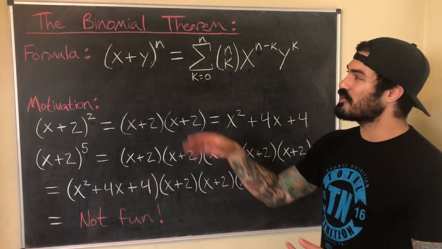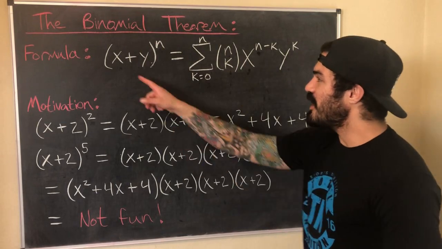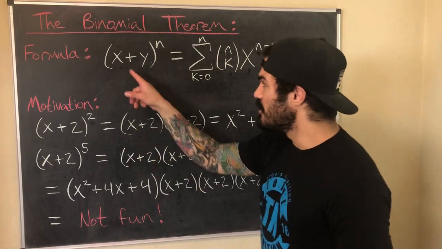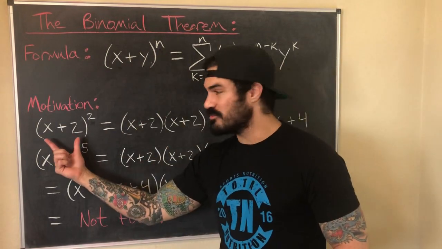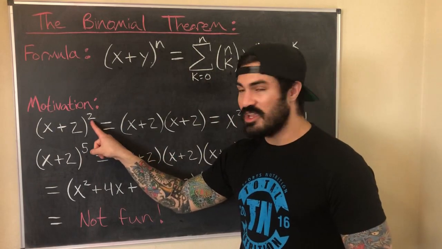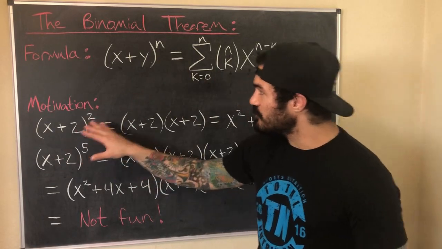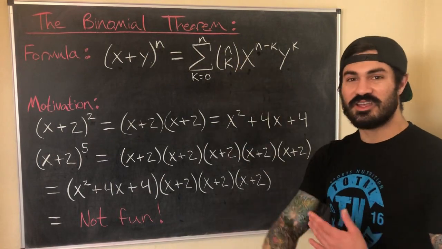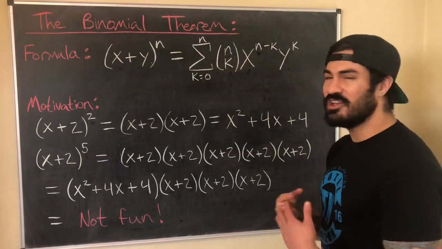So now let's quickly talk about the formula a little bit. x, y, and n are all fixed. In other words, that means we get x and y from the terms inside of our binomial, and n is just the exponent, right? So we have all those things, we can plug them in. The only thing that's changing is k, and this is what we're using to do our iterating, right?